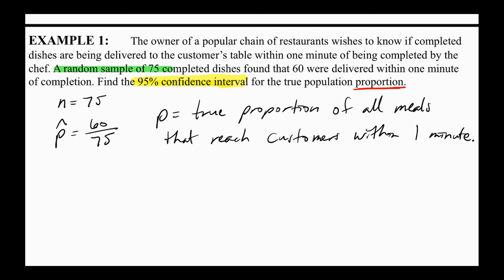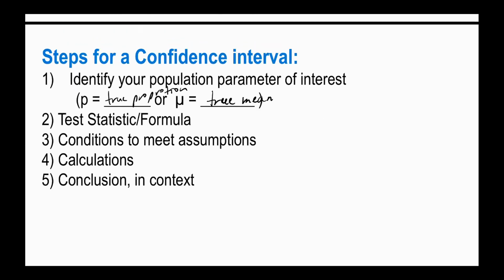Okay, that's the parameter. It's not the population. The population is all meals, all dishes served. This is different because this P represents a proportion. All right, so 1 done.